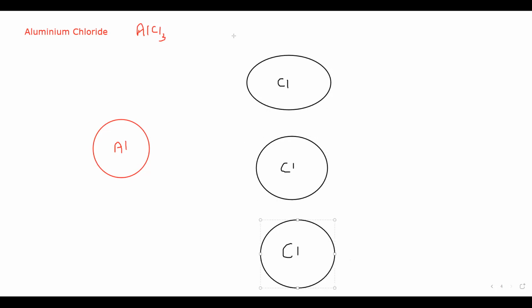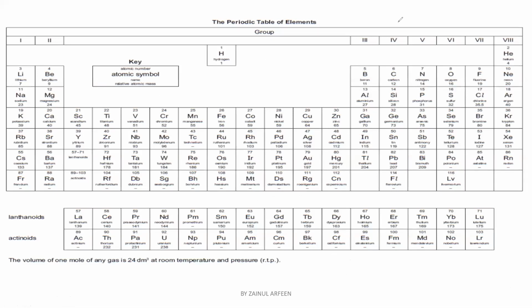But how do we know how many electrons are there in aluminium? Again, we have to use the periodic table. You can see aluminium belongs to group 3. So it will have 3 electrons in the last shell. And chlorine belongs to group 7, so it will have 7 electrons.